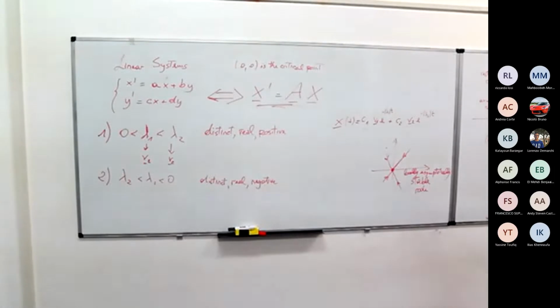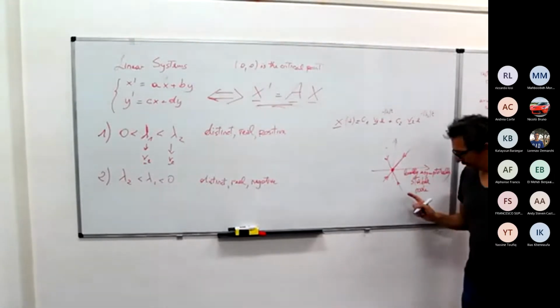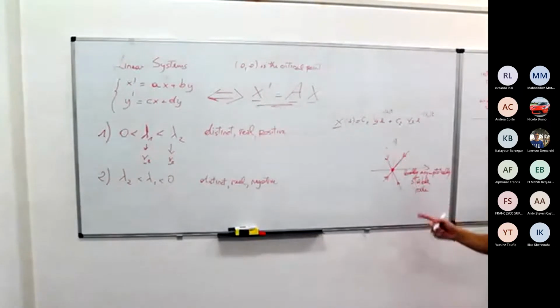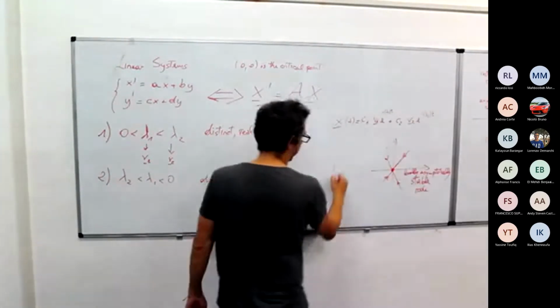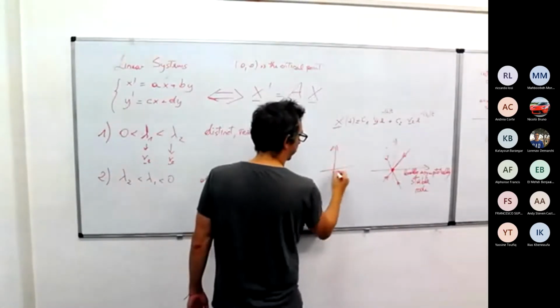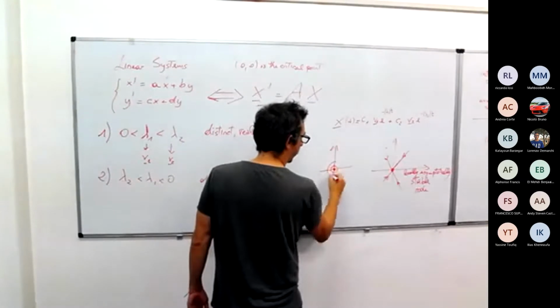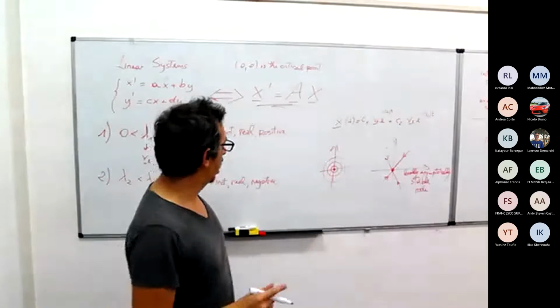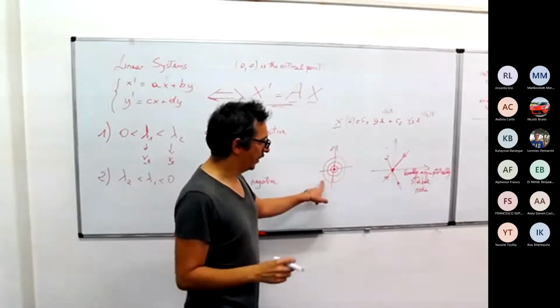Let me also remind you of the fact that you have 4 classes of critical points. So you have centers, when you have a critical point that is surrounded by closed orbits.